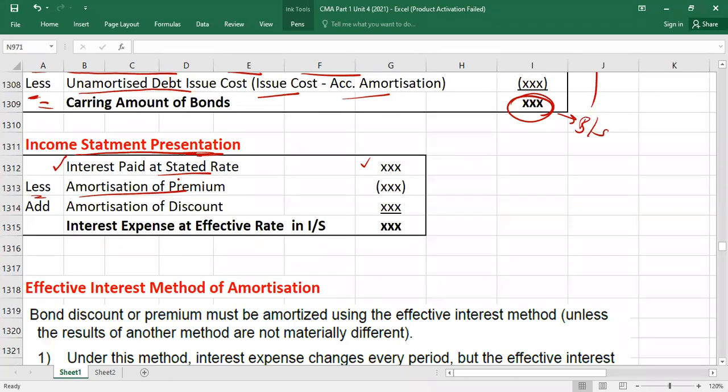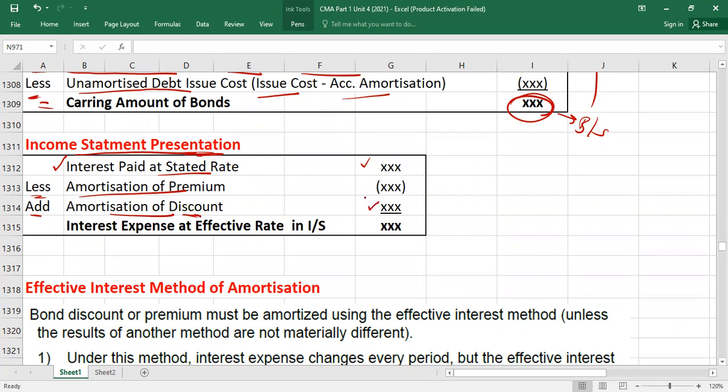Understood? If you have a discount, what will you do? You will add the amortization of discount. Why? Because the discount was a loss to you. Over the bond's life, you will amortize it, taking it from the balance sheet to the income statement on a yearly basis. So this is your loss, which you are recording in the income statement.